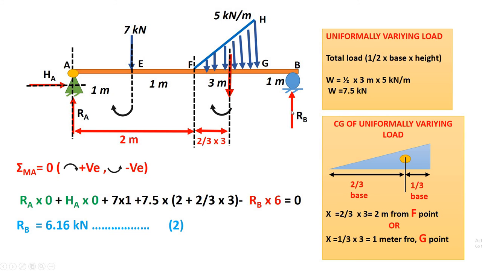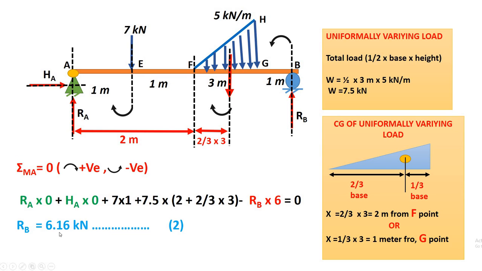Finally, this one is remaining. This is a line of action. From point A, the total distance is 1 plus 1 plus 3 plus 1, so it is 6. And what about the nature of moment? The nature of moment is anti-clockwise, so it is negative, equal to 0. Hope you get it.